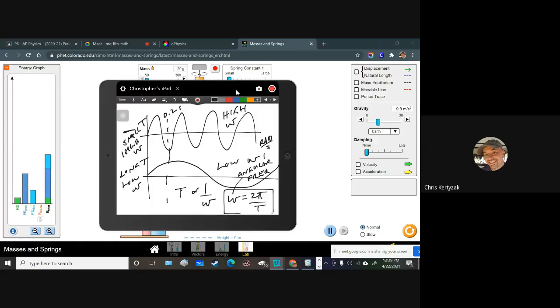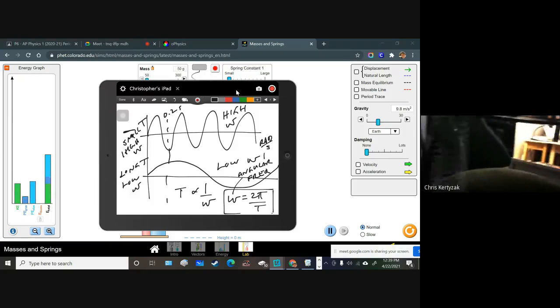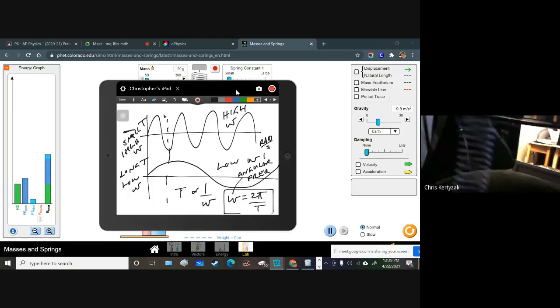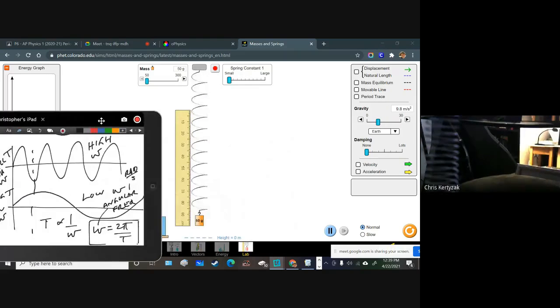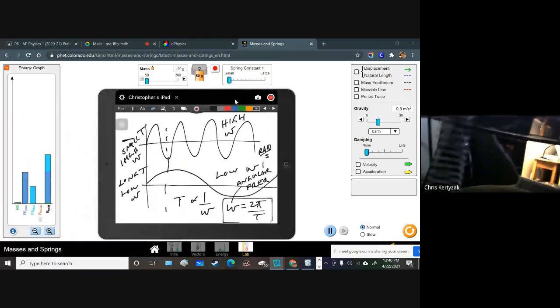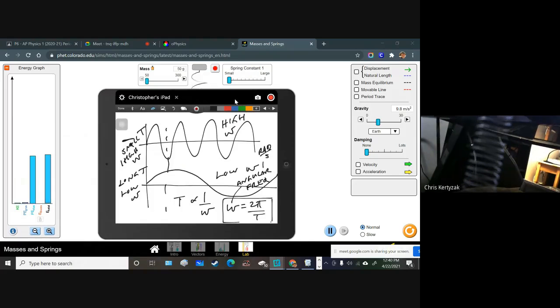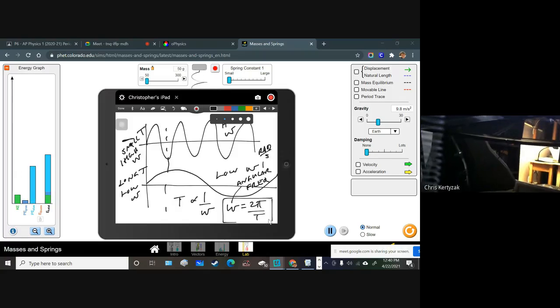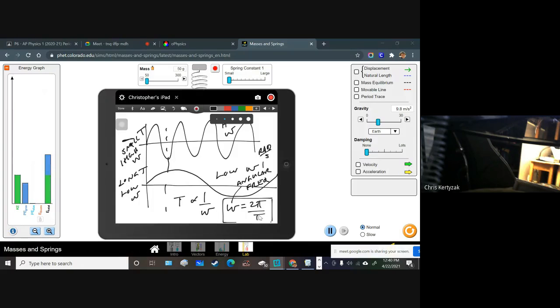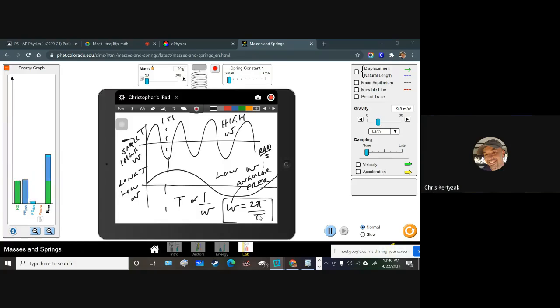Which tells me if omega was 2 pi radians per second, and this top graph is, let's just say, modeling this thing's motion up and down, then using the formula, 2 pi over a period of 1 second is 2 pi radians per second.